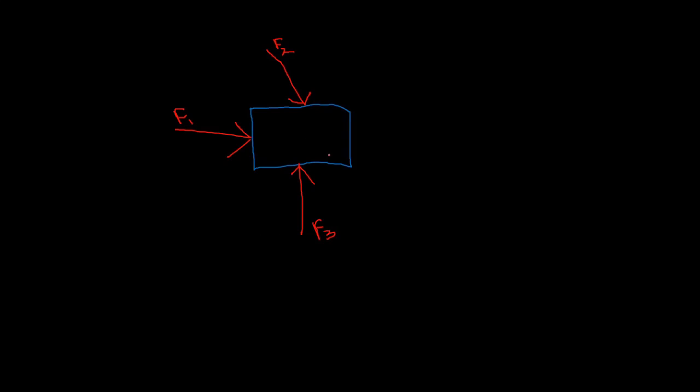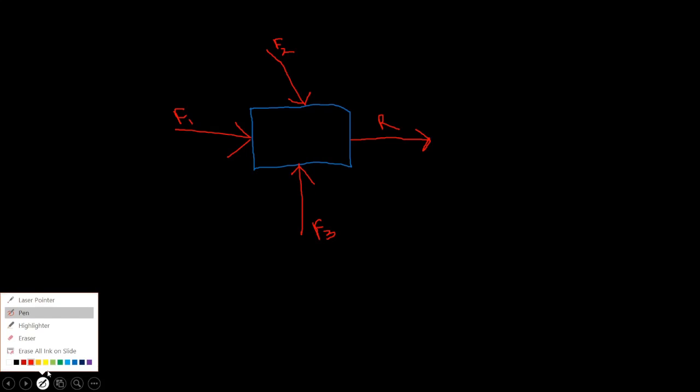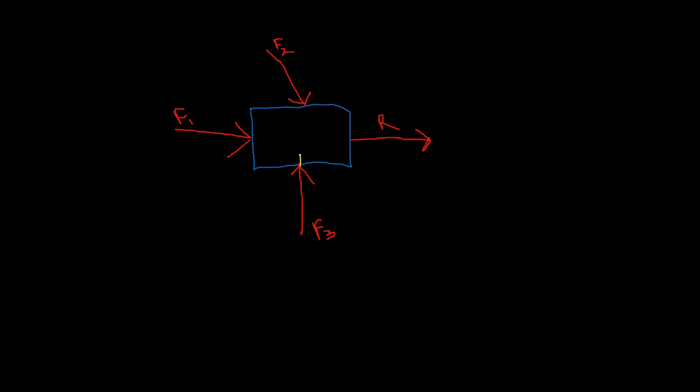So the force acting by F2, by F1, and by F3 is equal to an equivalent force, which is R. The body has F3 in this direction, F2 in this direction, F1 in this direction, and the resultant is in this direction.